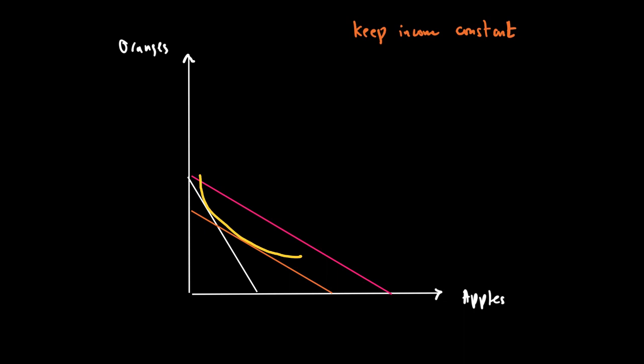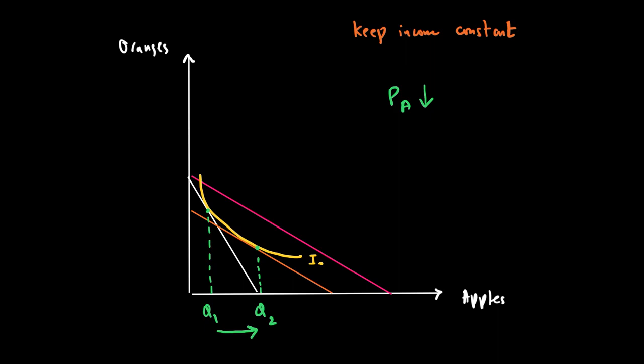So if I look at my indifference curve I naught, and let's say I was previously consuming Q1, then the price of apples falls, which made me buy more apples just because they are becoming relatively cheaper than oranges.